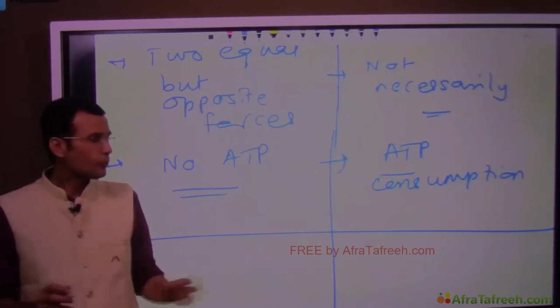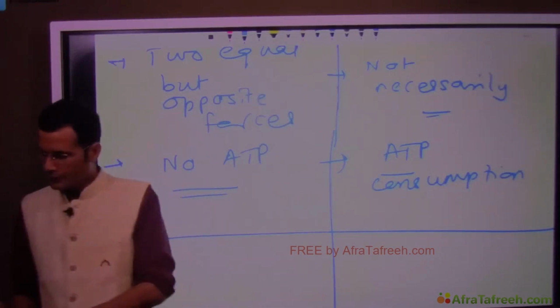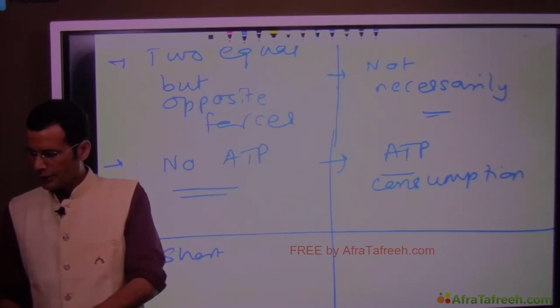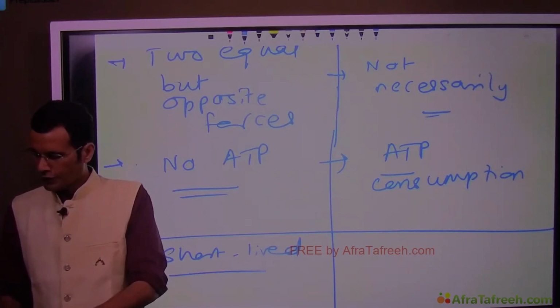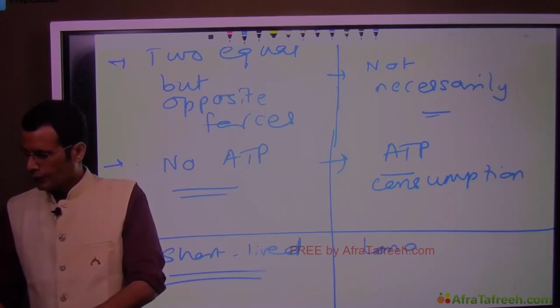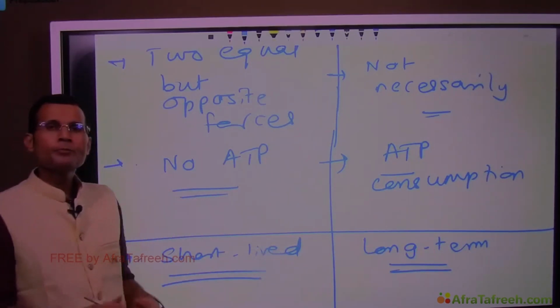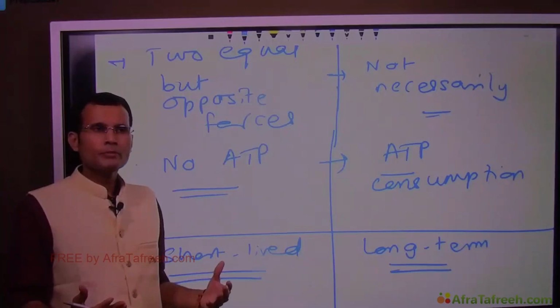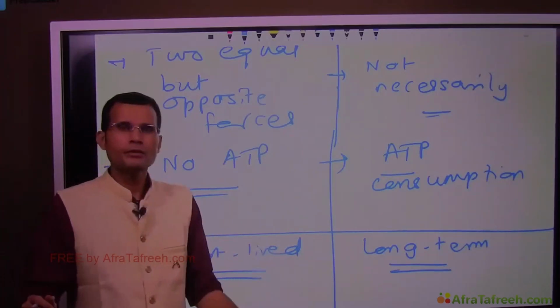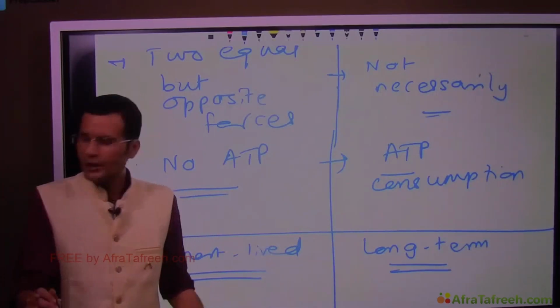And one more point is equilibrium is a relatively short-lived condition, whereas steady state is a relatively long-term condition. I mentioned to you already that equilibrium is almost a hypothetical condition. What do I mean?